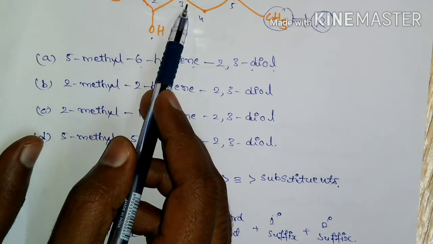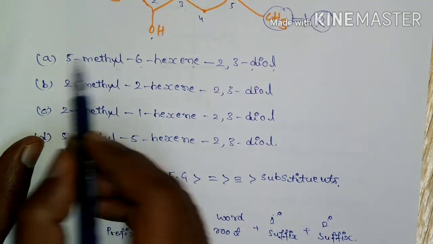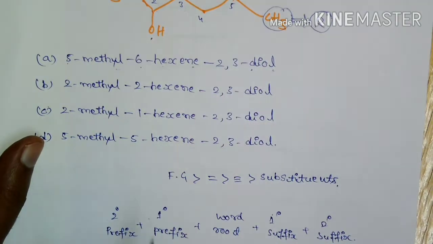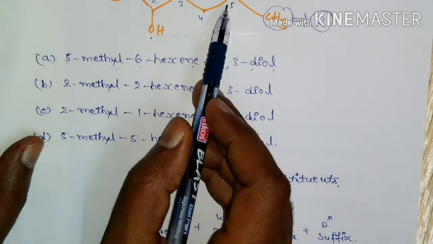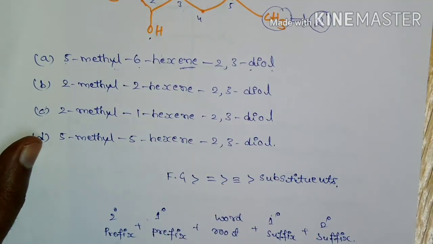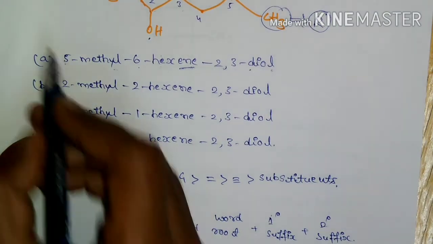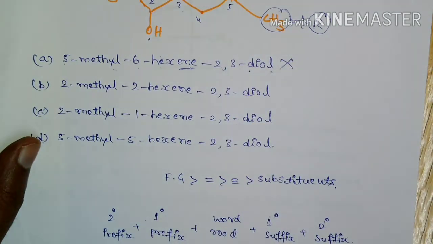So at 2,3 position, diol, 2 hydroxy groups are present, and at 5th position methyl group is present, and at 6th position ene is present, but here it will be in 5th position. So this is not the correct option.